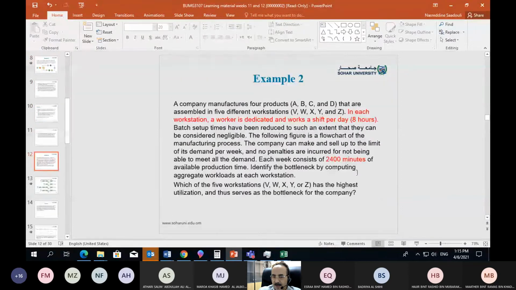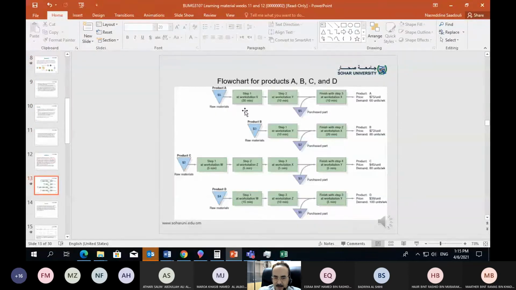I cannot, for example, say, okay, this is 30, so this is the bottleneck. Why? Because station V is only used by this product, but Y has only 10 minutes here, and Y is used in every other station. If you look at 10, 10, 5, and 5, it's actually 30 minutes if it's used only once by each product.